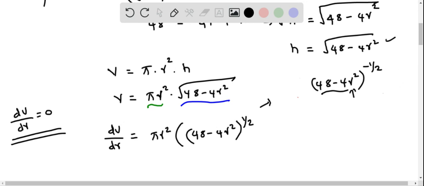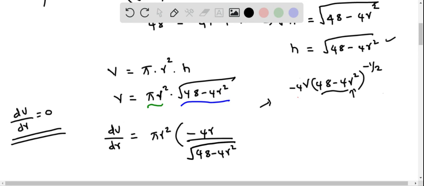So I write negative 4r times 48 minus 4r squared raised to the power of negative half. We will write down this derivative over here. This equals negative 4r, and we can write this power of negative 1 by 2 as divided by the square root of 48 minus 4r squared.